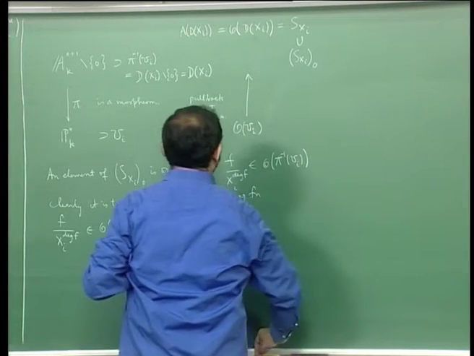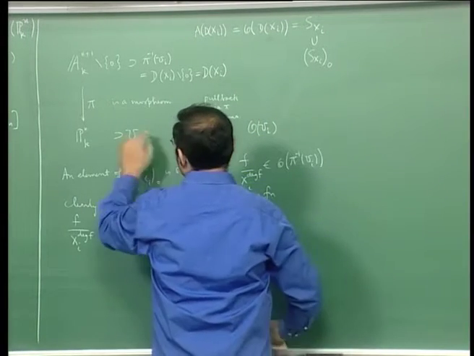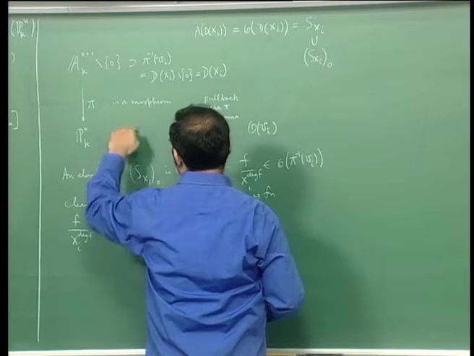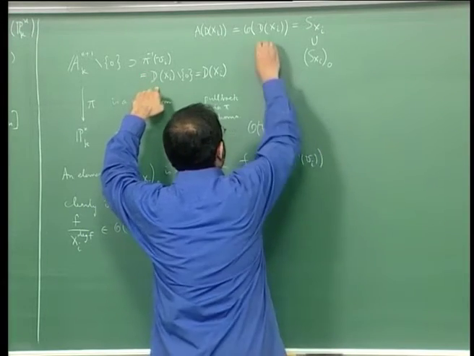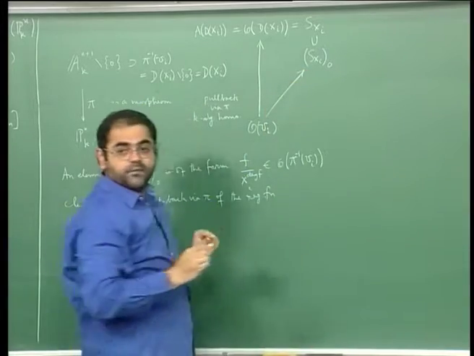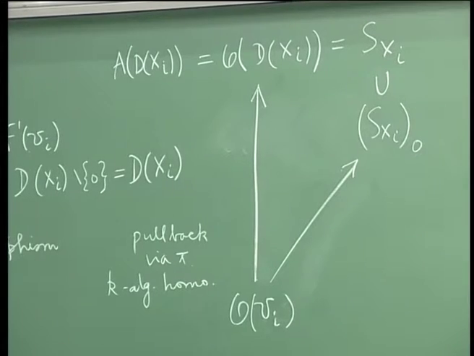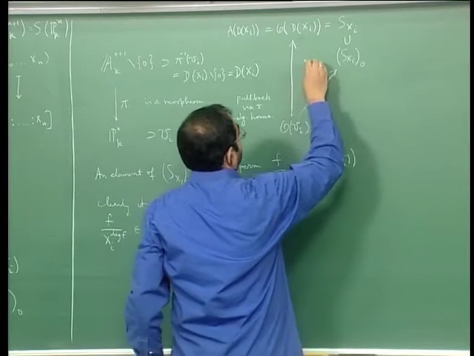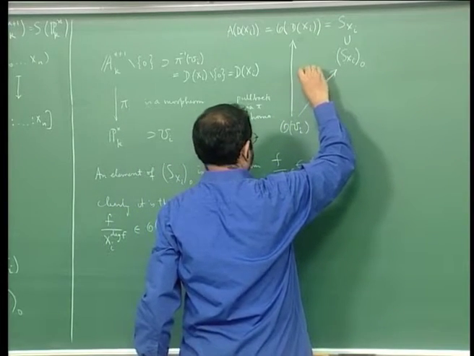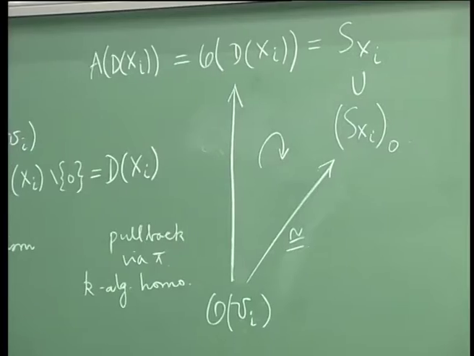The claim is that this pullback map, which goes from regular functions on Ui to regular functions on D(xi), factors through this and is an isomorphism. That is the claim, and this is what one has to prove.